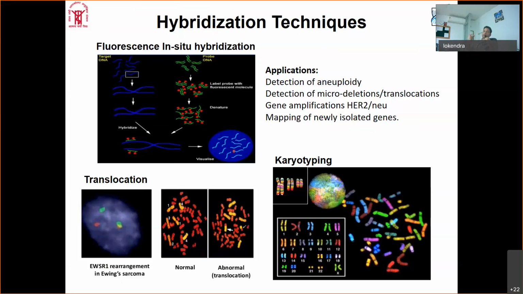The target molecule would be hybridized with probes that are specific to a particular gene or a particular chromosome. That way we can have an idea about the chromosomal differences, chromosomal aberrations, or maybe changes in the banding pattern. So this is one of the methods of hybridization.